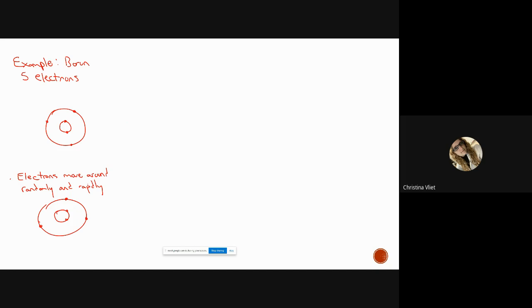Is that possible? The answer is yes. So it is possible, and it happens, that there is a temporary shift in the electron cloud, meaning that one side of the atom is more negative than the other.